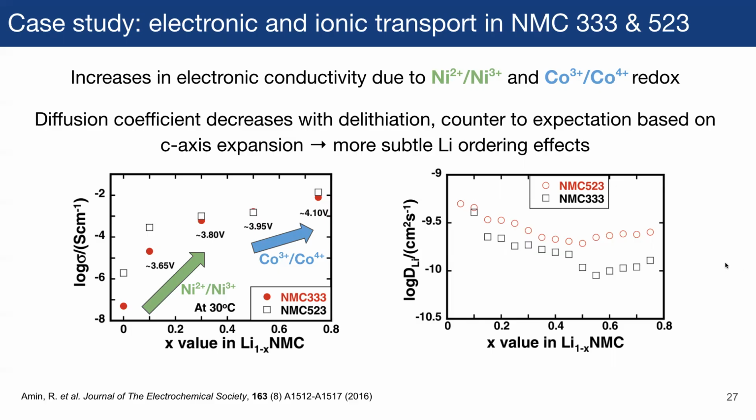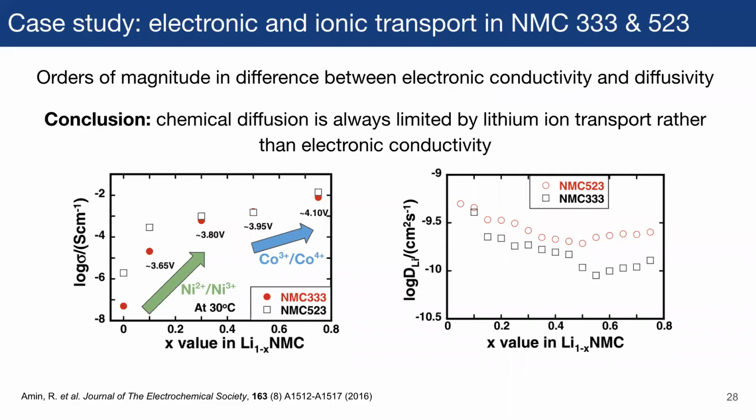And so what this suggested to them is that there are more subtle lithium ordering effects that play a role in limiting the diffusion of lithium ions through the system. Now, basically, what they were able to see especially is that there's orders of magnitude of difference between the electronic conductivity and the diffusivity of lithium through the material. And what they were able to conclude based on that is that the chemical diffusion, basically movement of lithium through your structure, is always limited by lithium ion transport rather than electronic conductivity.